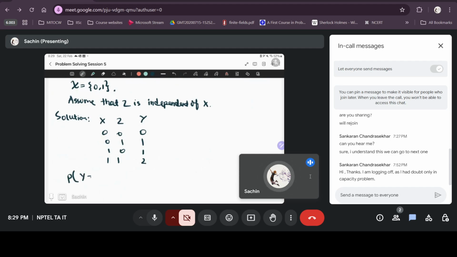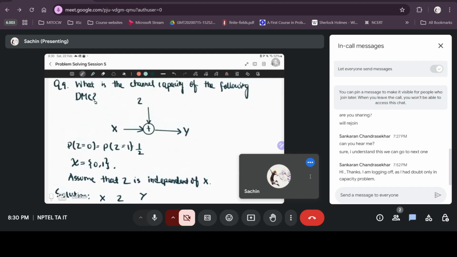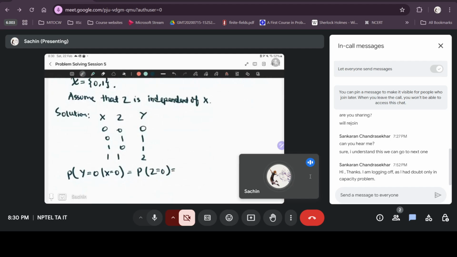Probability that y is equal to 0 given x is equal to 0 is the probability that z is equal to 0, which is half.